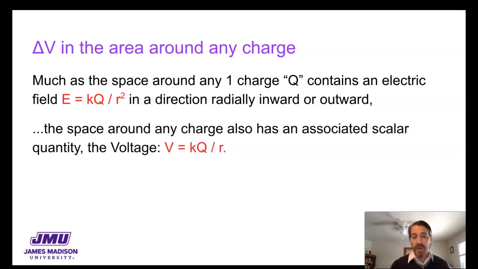The voltage around an individual charge Q is K times big Q divided by R. So if you know how far away you are from a given charge Q, then you can calculate what the voltage is between that point you're talking about and the charge Q. I am positive that some examples would go a long way to making everyone more comfortable with this concept.